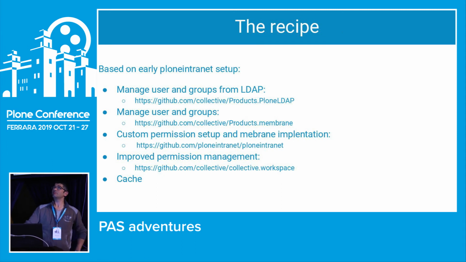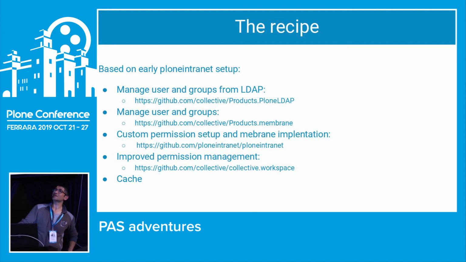So the recipe, basically the recap, is this one. We had a plugin to manage groups from LDAP, users and groups through Membrane, a custom permission implementation, and improved permission management with Collective Workspace.